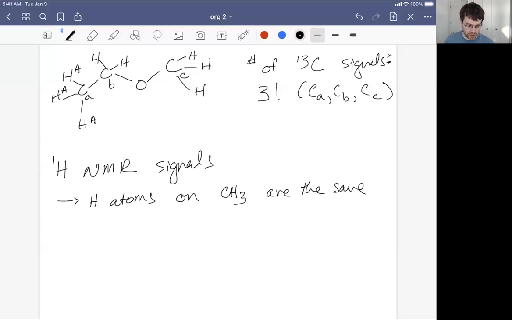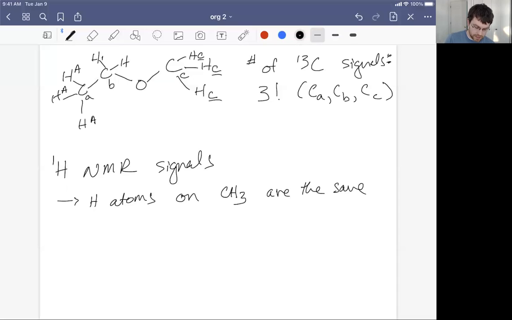All three of those HAs are in the same chemical environment because they're part of the same methyl group. Now, that's different than hydrogen C. Hydrogen Cs are all on the same methyl group. They're all in the same chemical environment, but the two methyl groups are different. So we have HA and HC.